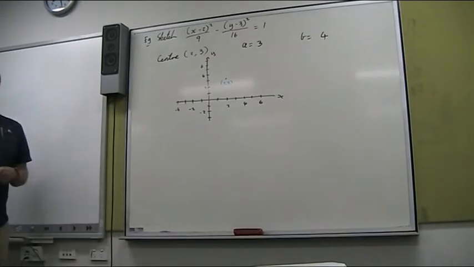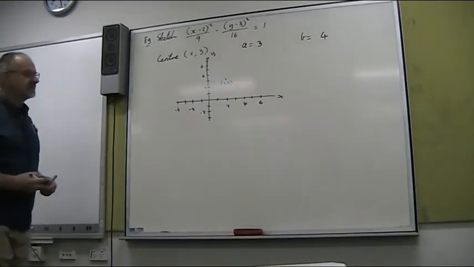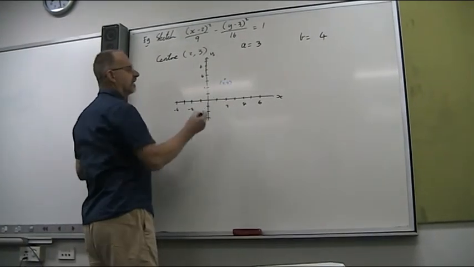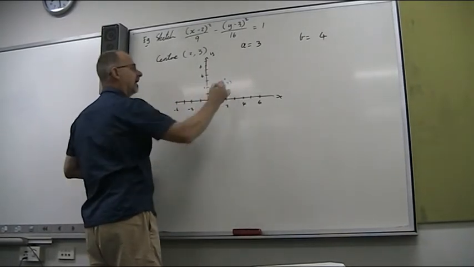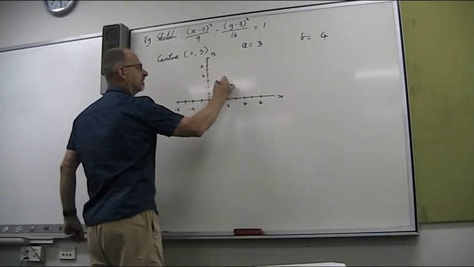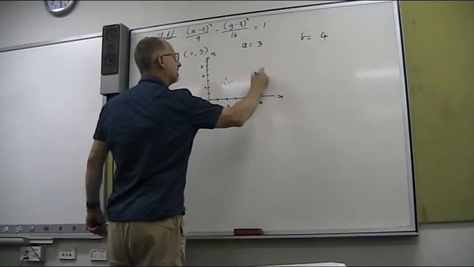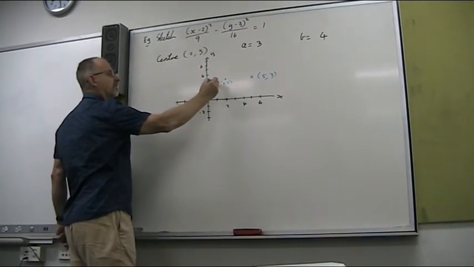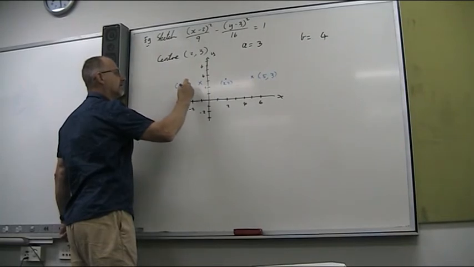And then, knowing our semi-minor and our semi-major axes, the A is 3, so we go 3 each way from the centre in the x direction. So if that was 2 and 3, it's now going to bring us out to 5 and 3. When we go to the right, when we come to the left, we're going to be back here at -1 and 3.